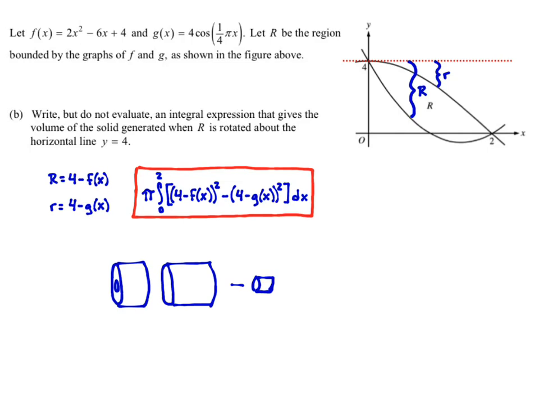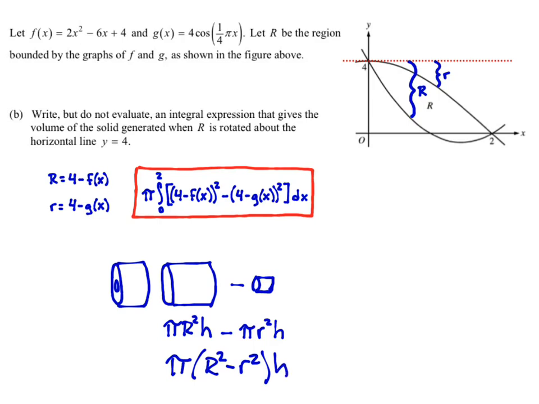And so this is going to be pi times big R squared times h, minus pi times little r squared times h. We can put those together because they both have h, the heights are the same all the way through, and the pi's are the same. So this becomes pi times big R squared minus little r squared, times h.